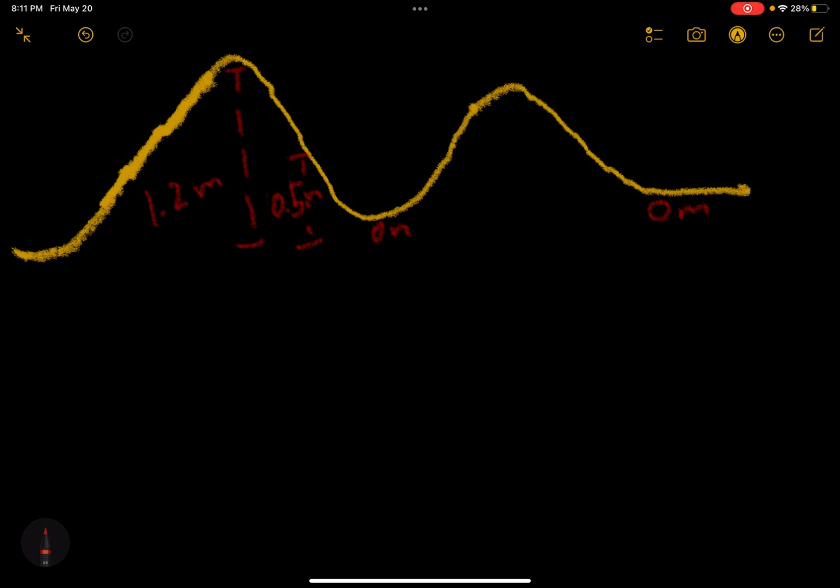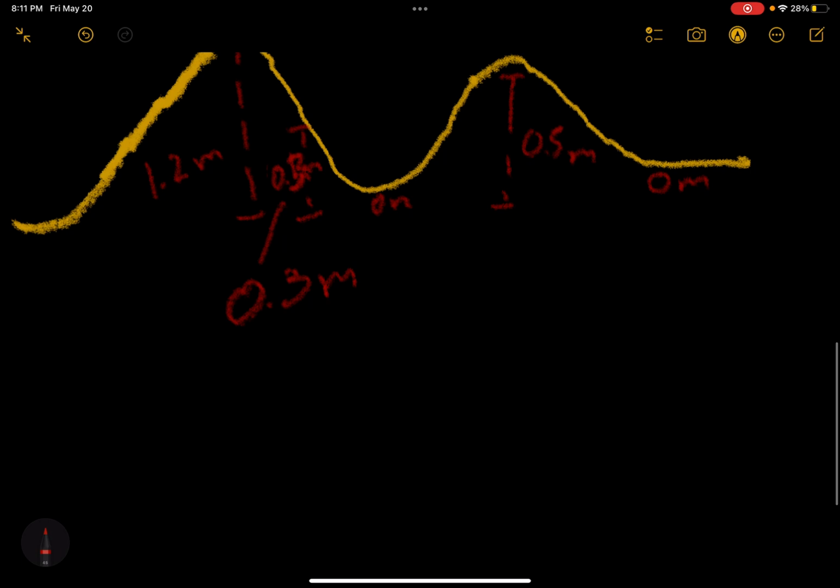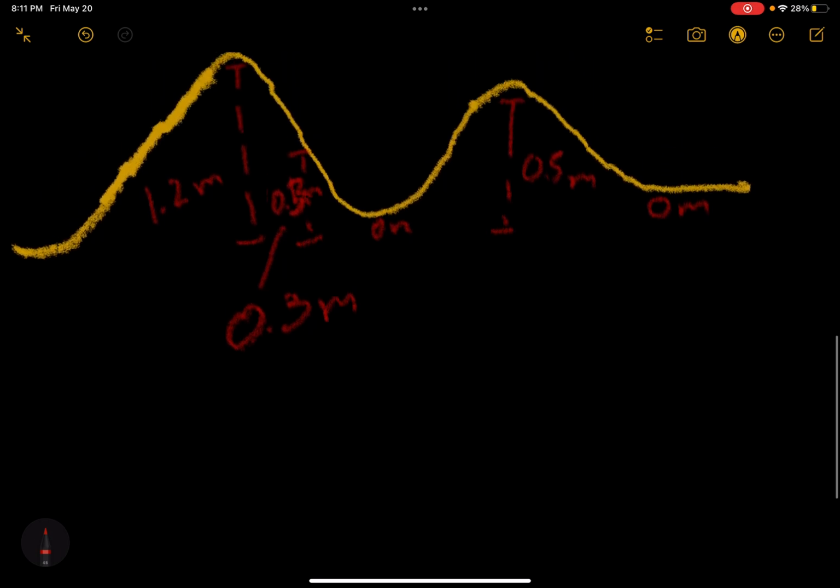Actually, no, I'm sorry, 0.5 meters. This is 0.3. That's 0.3 meters. And yeah. So now, if you can't understand this, I'll get into it later. This is point A, B, C, and D.